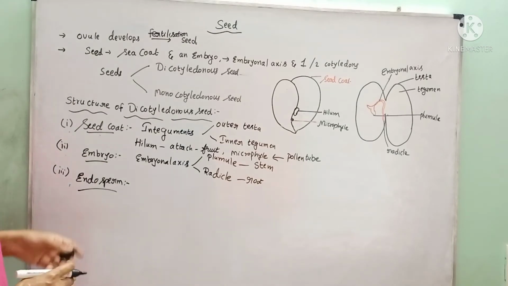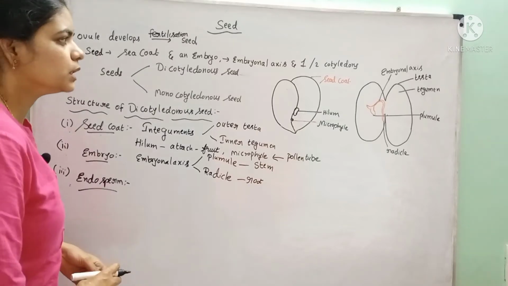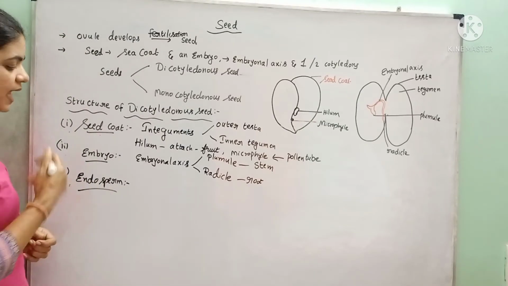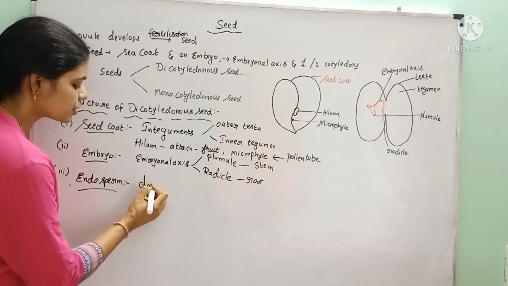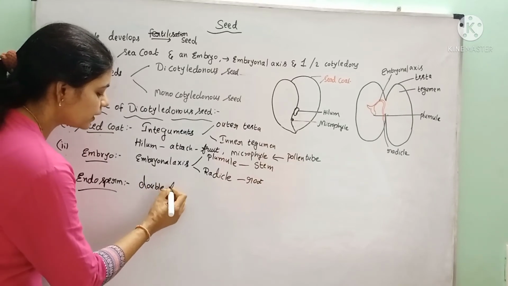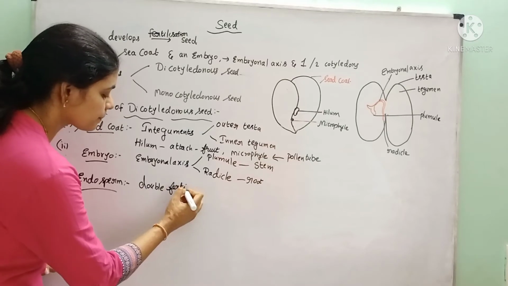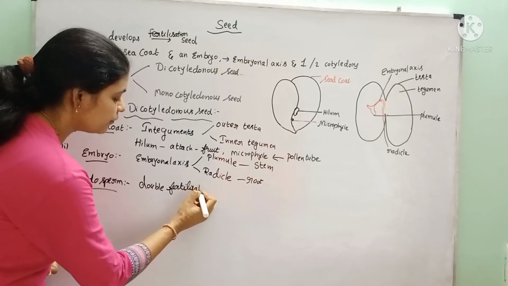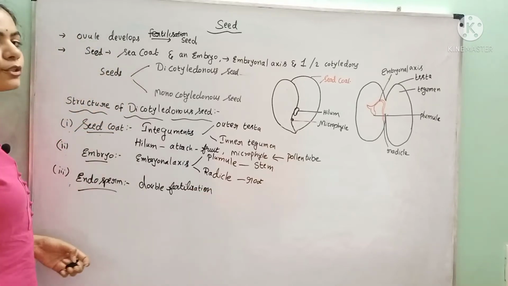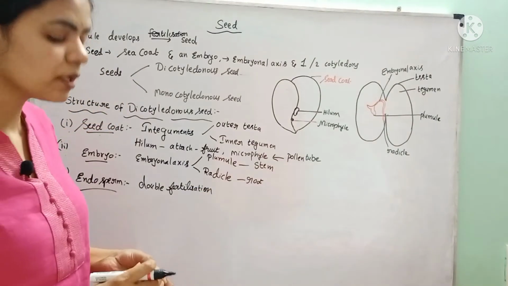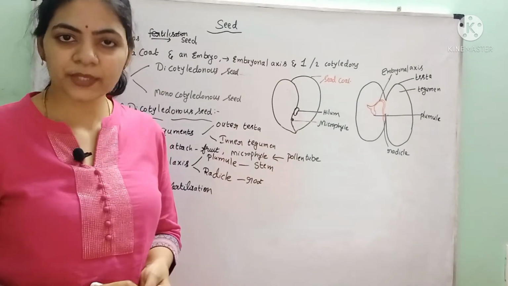And the next part is the endosperm. This endosperm develops as a result of double fertilization. Double fertilization is the characteristic feature of angiosperms. How does double fertilization occur? During the fertilization process, the pollen tube carries two male gametes, right?